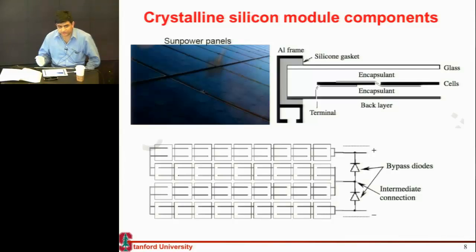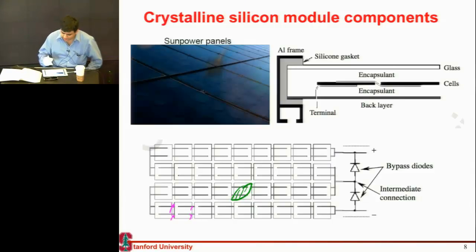And one of the problems that one can find oneself in if you connect a lot of these cells in series is what if one of these connections breaks, or there's an open circuit condition here. Or the other thing which can happen is that, for example, this panel is on a rooftop. What if a leaf falls in and covers one of these cells completely?